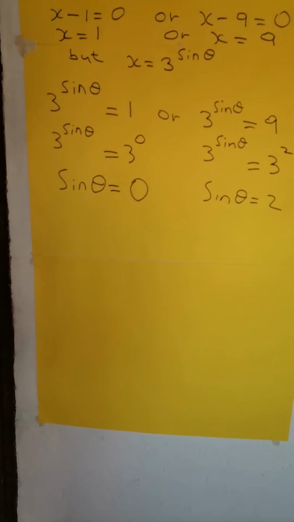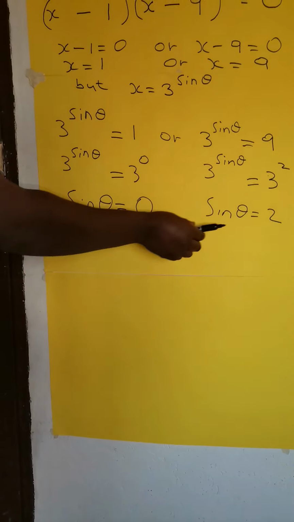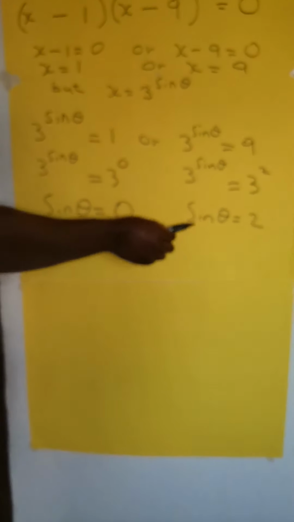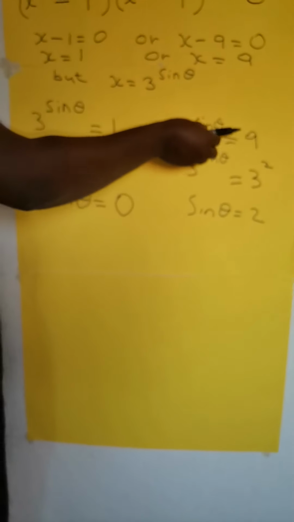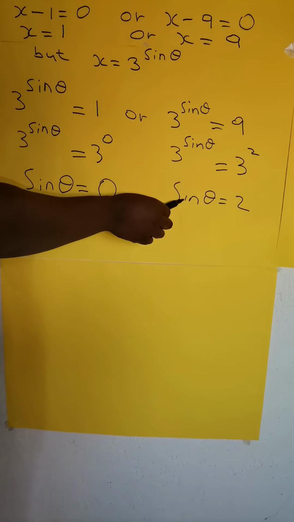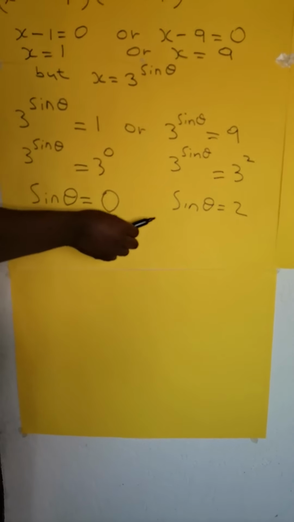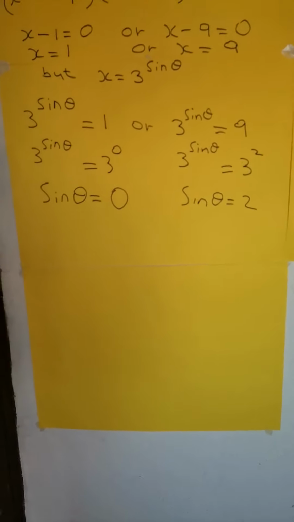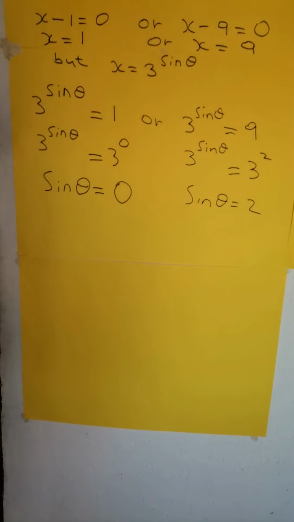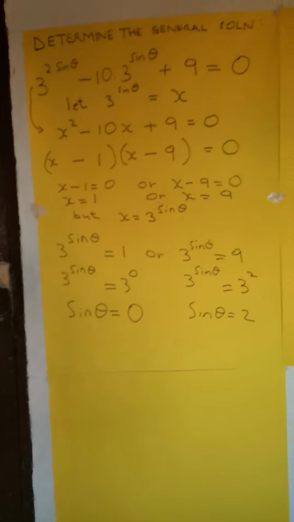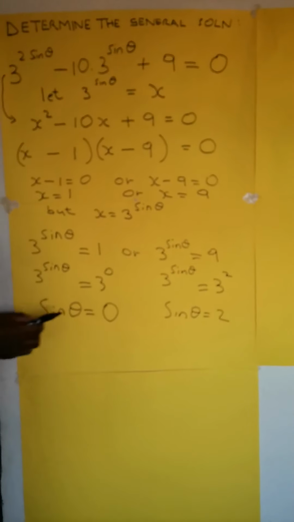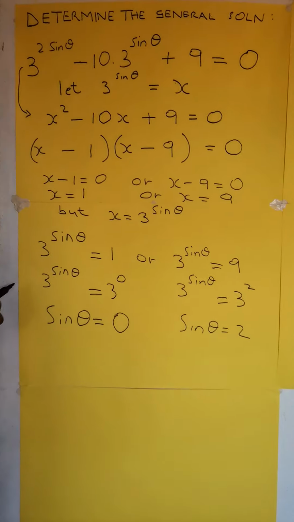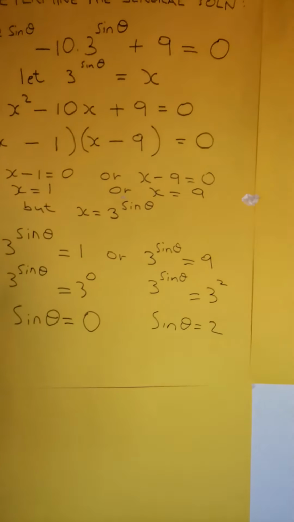Okay, so let's first deal with this side. If we look at sine theta is equal to 2, even though this solution worked when you put 9 there, the fact that you have sine theta equal to 2 means that the answer here is undefined, because sine as a trig ratio, if you have 1 as your coefficient, the boundaries are positive 1 and negative 1.